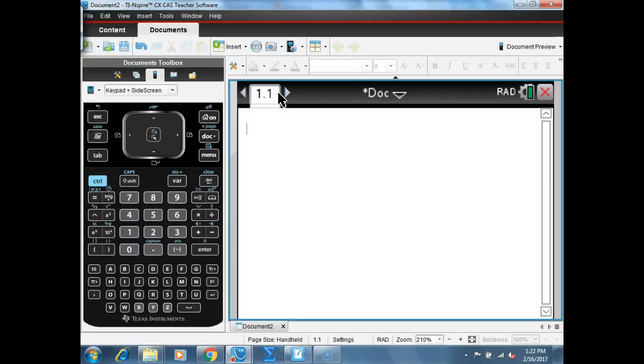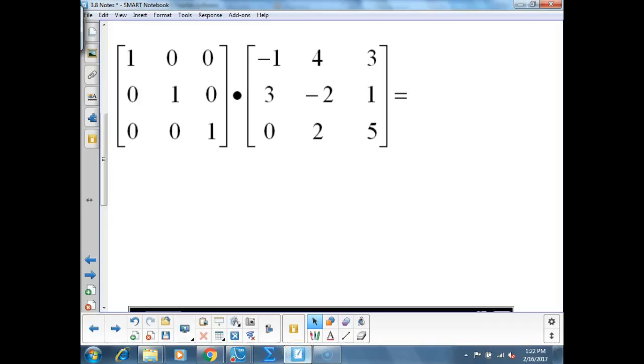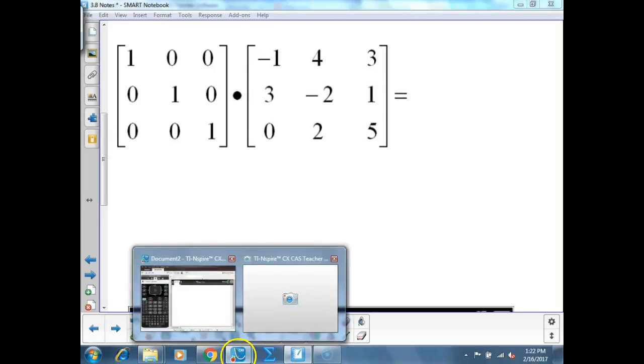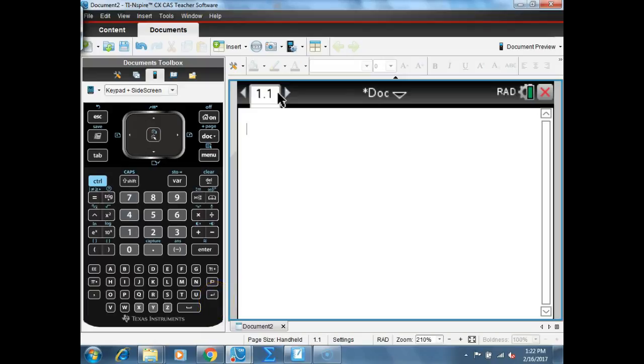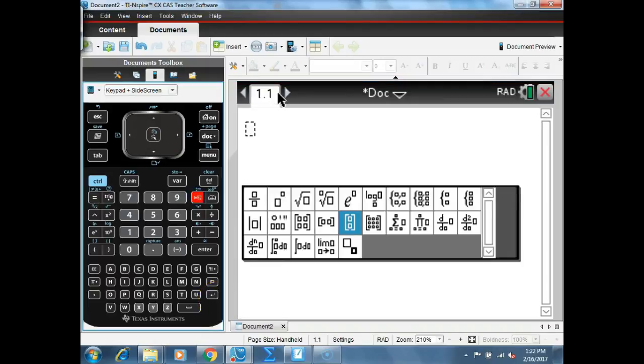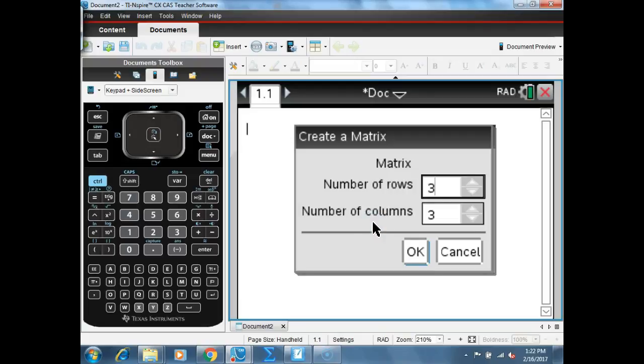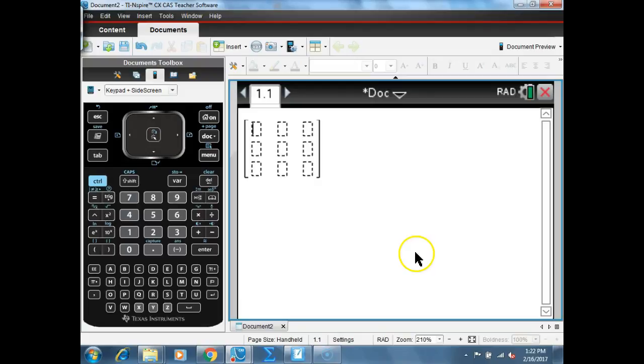Now, we're going to want to multiply our 3 by 3 identity matrix by that matrix. How we go about doing that is I first need to insert a 3 by 3 matrix, and that 3 by 3 matrix needs to be the identity matrix.